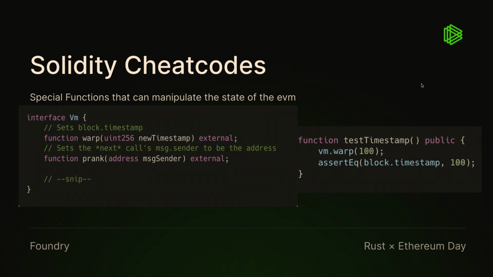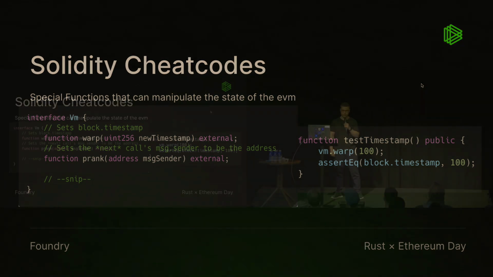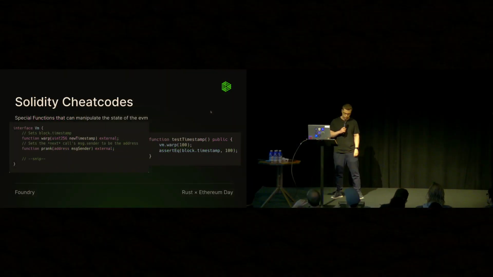And all of this is exposed via the VM interface. This is where all the cheat codes are defined, and those are then used in the Forge standard test contract that you use to write your test functions. And you can call them via vm.cheatcode with the right arguments, and then assert, for example, that the timestamp was updated as expected.